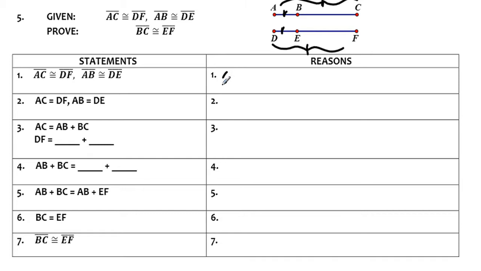So once again, our first thing is always our given. The second statement says that AC is equal to DF and AB is equal to DE. Well, if you look up here, we have these exact letters in these exact orders, but we are changing from this congruent sign to an equal sign.